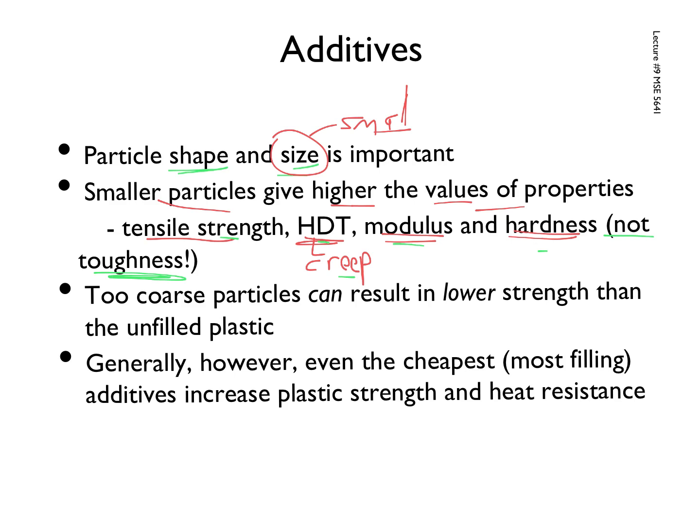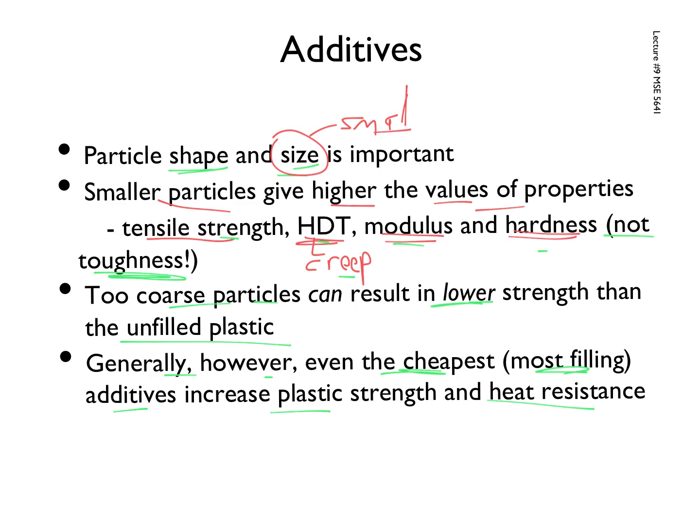It should make sense to you that something like hardness especially is going to increase when you put these inorganics into this polymeric matrix. Too coarse particles can result in lower strength than the unfilled plastic. As I said, we saw this a lot in the rush to make nanocomposites. Generally, however, even the cheapest or most filling additives increase plastic strength and heat resistance.